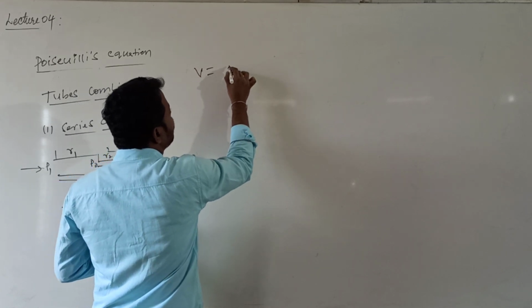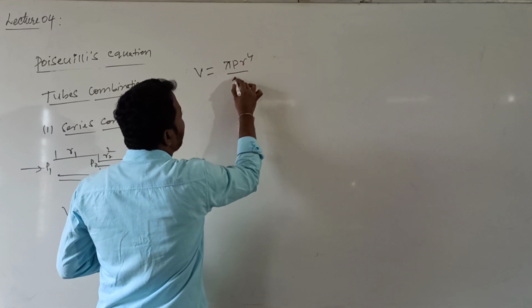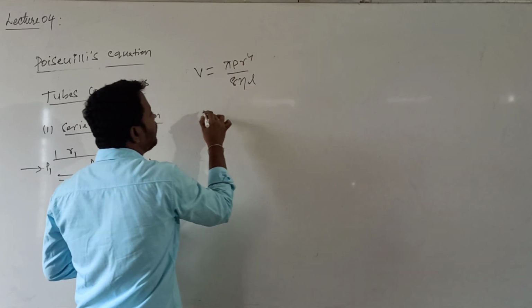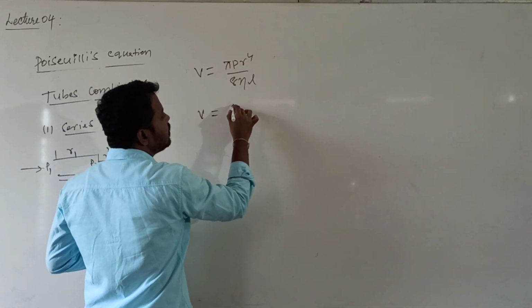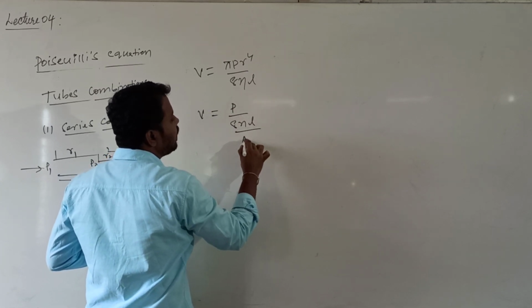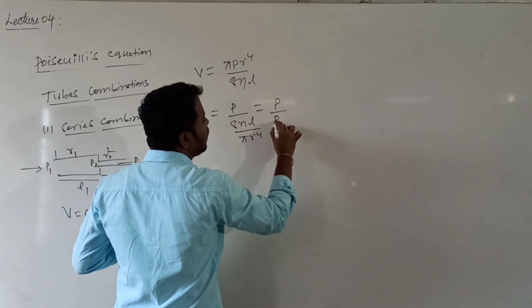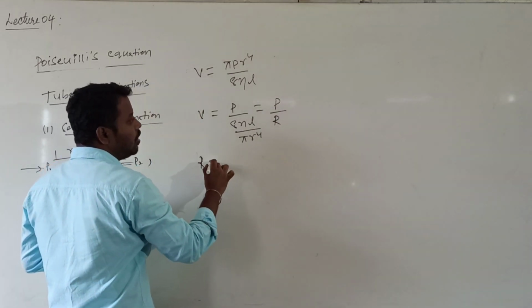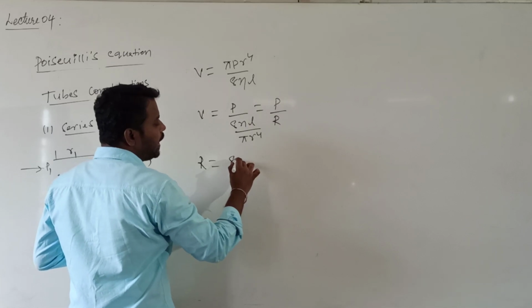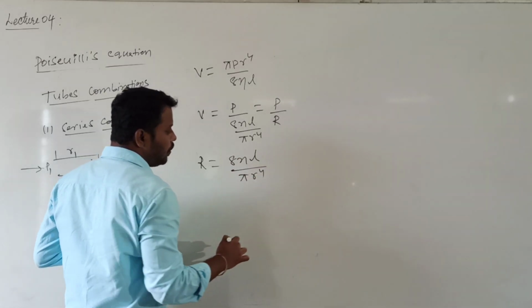V is equal to pi P R power 4 divided by 8 eta L. From this we wrote V is equal to P divided by (8 eta L divided by pi R power 4), which is written as P by R. So the value of R we got is 8 eta L divided by pi R power 4.